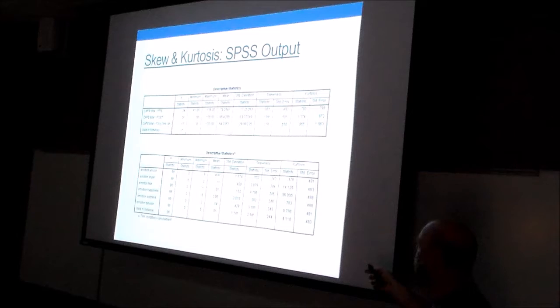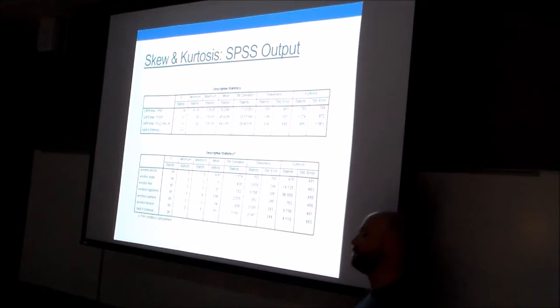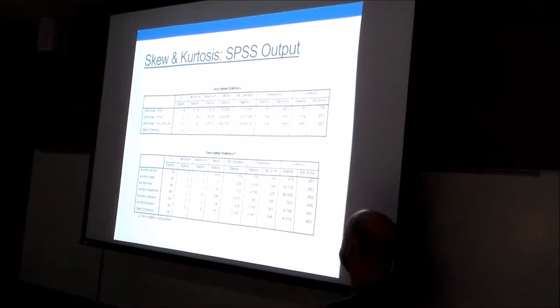So here are my skew values and here are my kurtosis values. Kurtosis is getting a little bit above, but we're still well under 2, right? So probably not anything, at least from a statistical standpoint, that I'd be concerned about from a perspective of analyses, right?